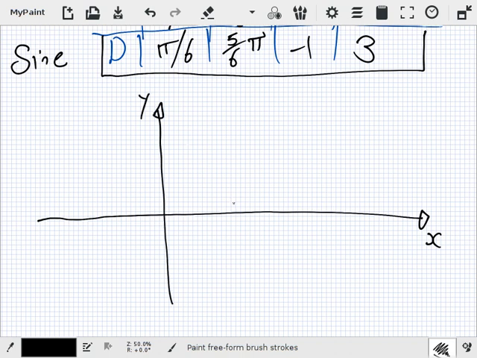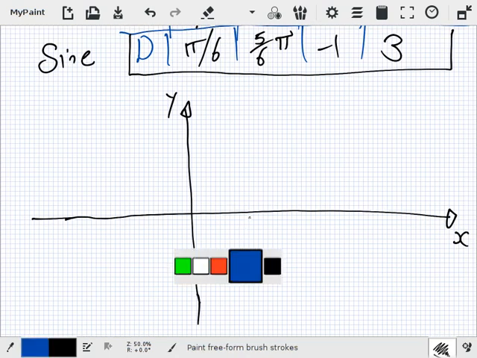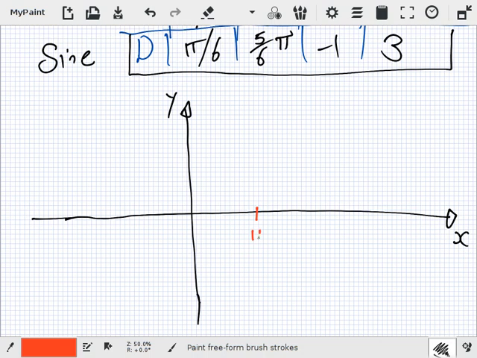Okay. Now I'll go as far as 2 pi. Why not? Okay. So let's see. I'll mark here. This will be pi, and here this will be 2 pi, and this will be minus pi, and this one here is minus 2 pi. Now, if you look here, this is pi over 6.